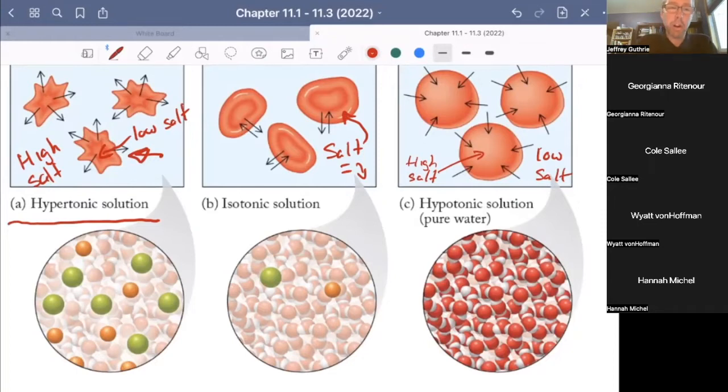So basically both processes, the hypertonic and hypotonic, are trying to get to this situation here, the middle, where we have equal concentrations of salt on both sides of the membrane. And again, the membranes we're going to be talking about are semi-permeable, meaning that only the water can flow through it, the salts can't. The salts will stay where they are. Only the water can flow in and out of the cell, or on either side of a semi-permeable membrane.